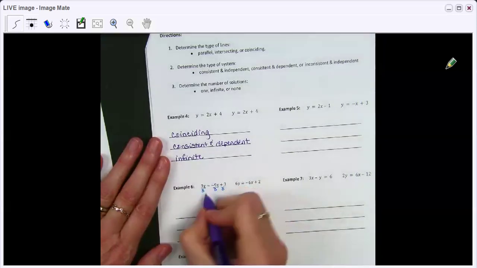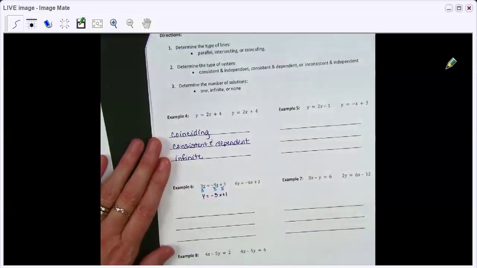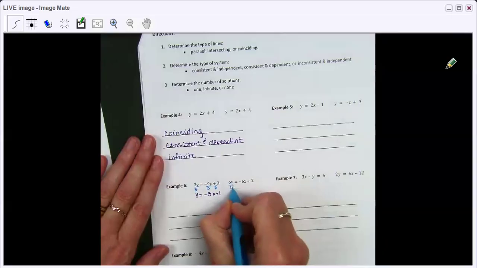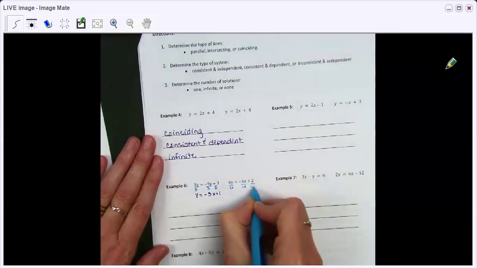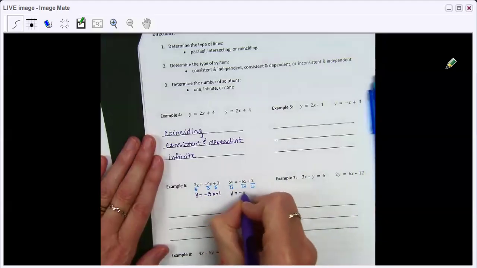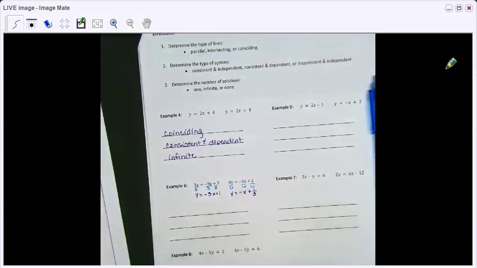And we end up with y equals negative 3x plus 1. Do the same thing over here. All right.